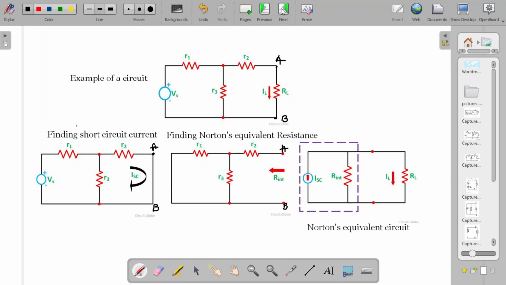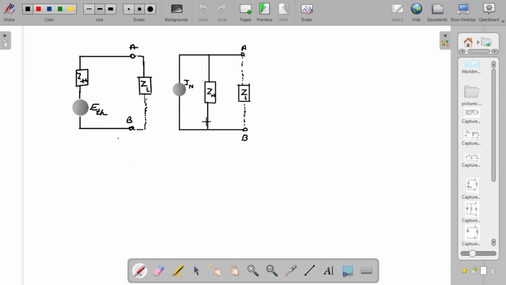Now you know that a complex network can be replaced by a Thevenin's equivalent circuit, where all the impedances and generators are replaced by ETH, and in series to that the ZTH, the Thevenin's equivalent impedance.